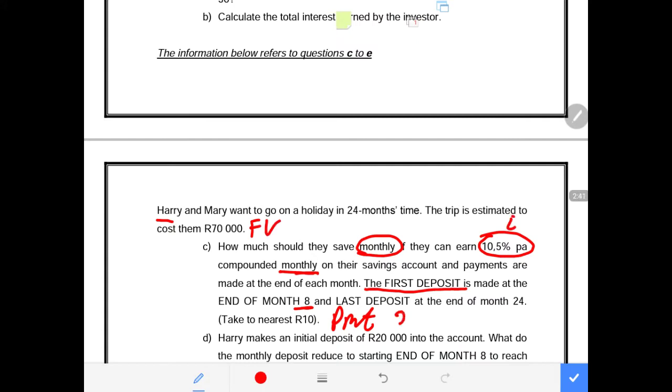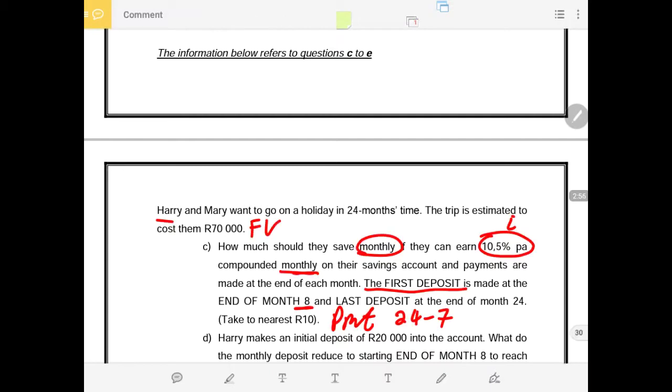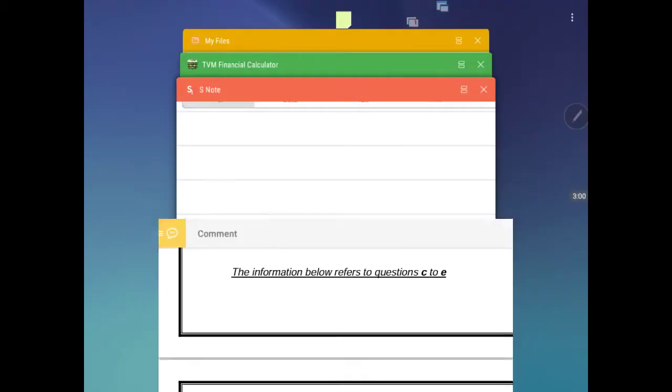Our n will be 24 minus 7 because we want to start making payments from month number 8. So we don't include month number 7, but we want to include month number 8 up to month number 24. So we are to calculate our PMT, and our focal date is month 24.